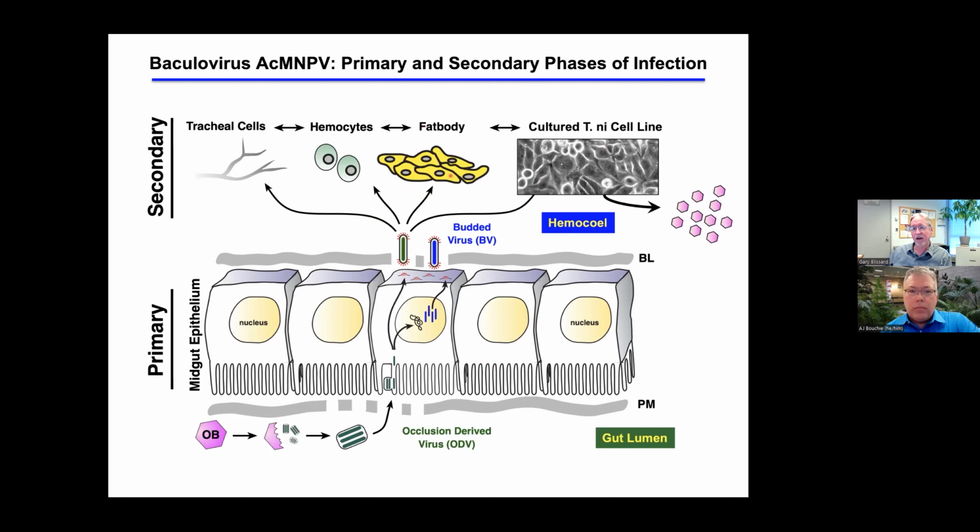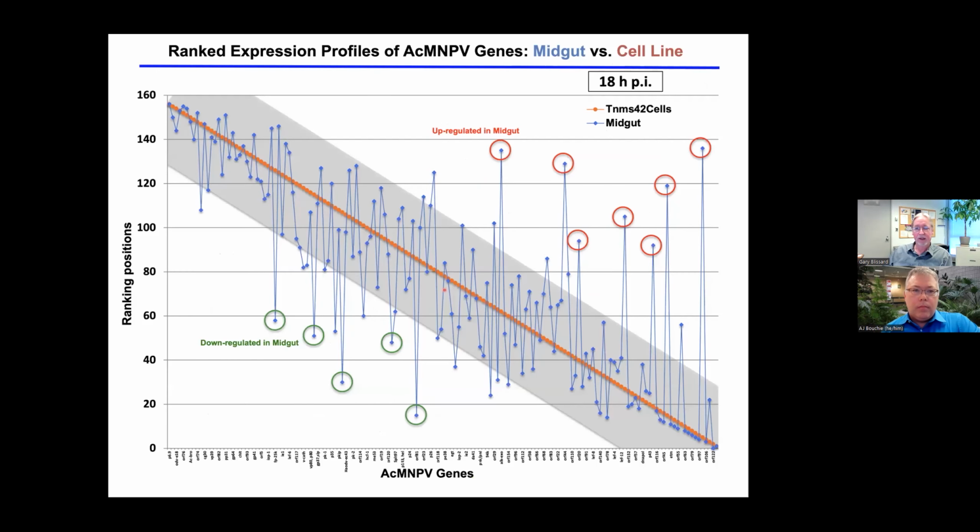For the secondary phase, we use cell culture because that is a proxy for the secondary phase, because those cells are infected by the budded form of the virus and produce a lot of the occlusion bodies. For studies in the primary phase, we infect animals and dissect out the guts and do transcriptome studies in the gut.